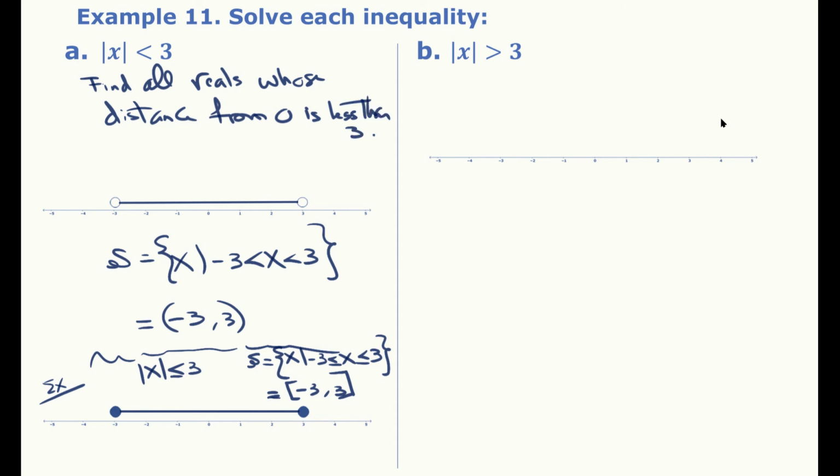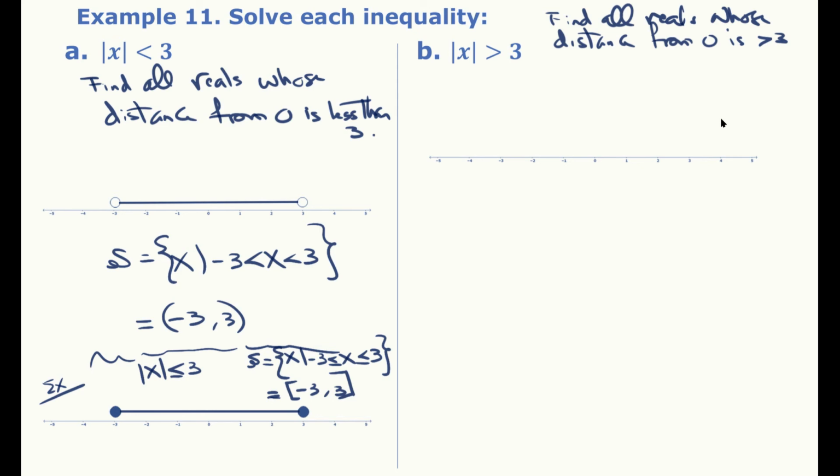In this one, notice we're looking for real numbers x whose distance from 0, remember that's what the absolute value of x is, the distance between x and 0, is more than 3 units, right? So find all reals whose distance from 0 is greater than 3 units.